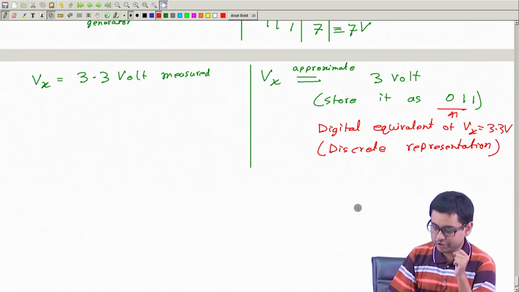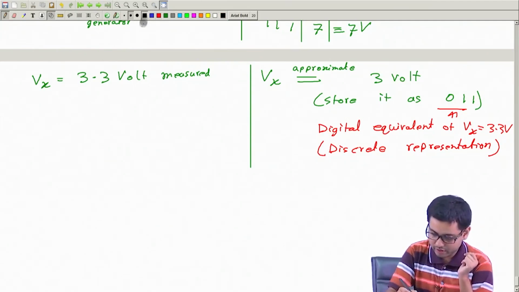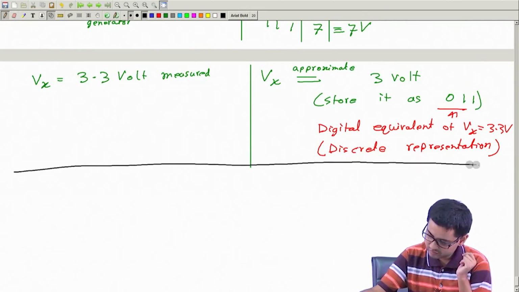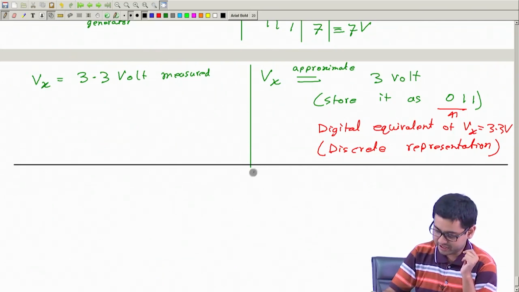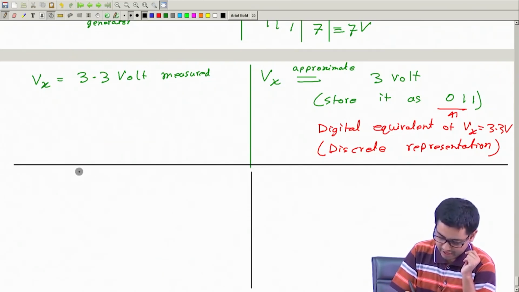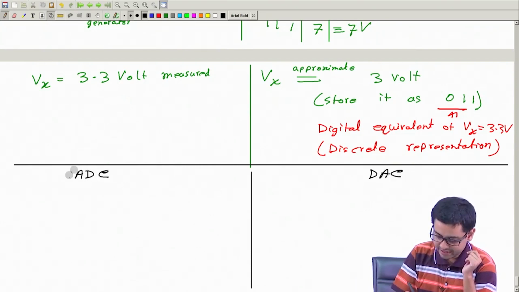In this chapter we will talk about two devices, two instruments. One is an ADC, another is a DAC. What is ADC?